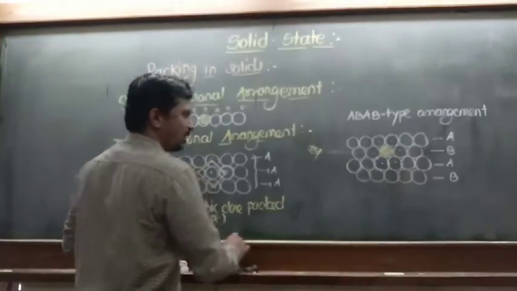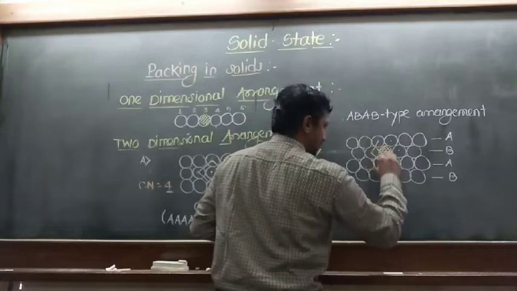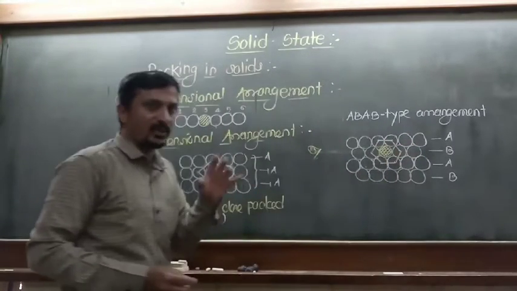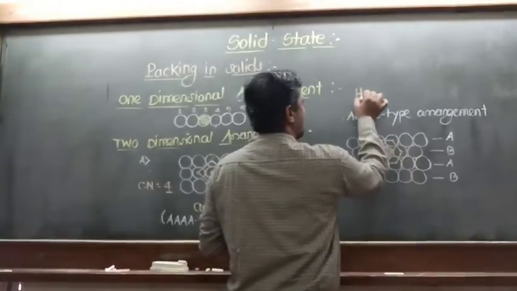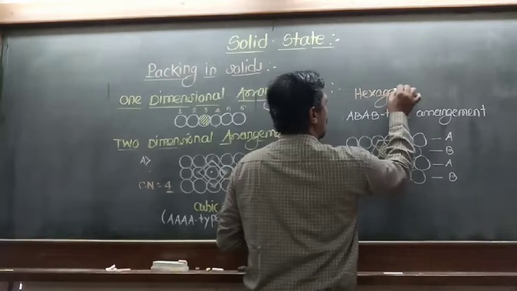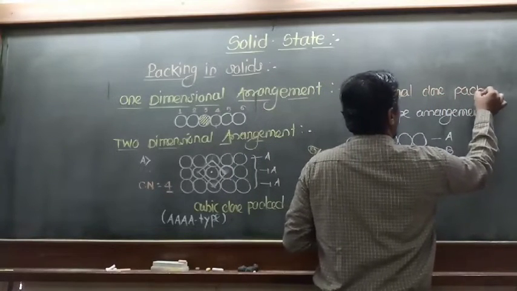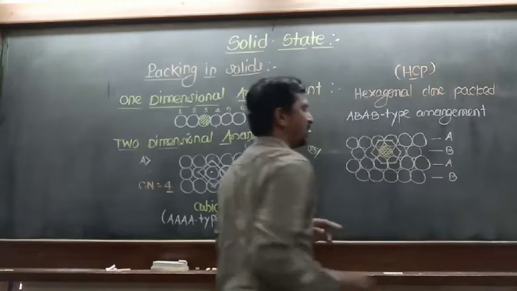And if you join all these 6 atoms, a regular hexagon is formed. That's why it is also called a hexagonal close packed arrangement. It is called HCP, hexagonal close packed arrangement.